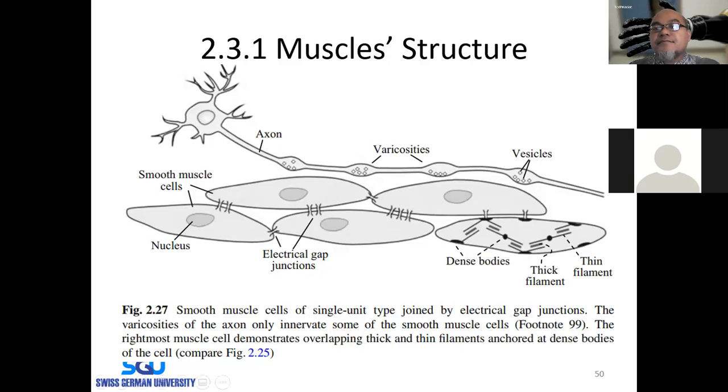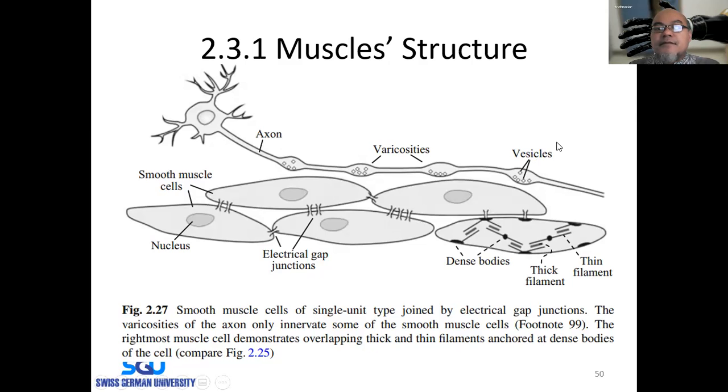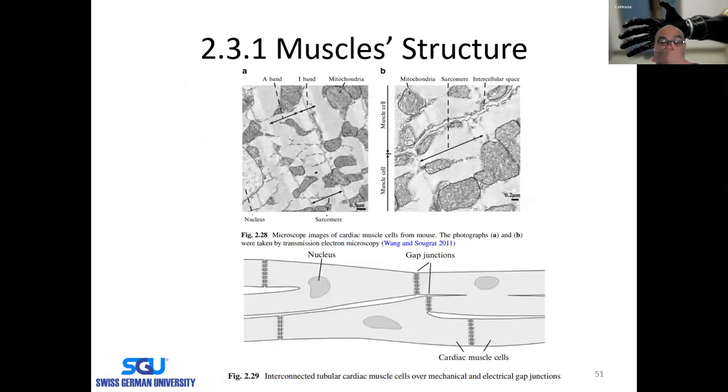So these are the actual microscope images from the muscles. These are the mitochondria, the band one, and the sarcomere, and the intercellular space here is the gap between the two muscular cells.